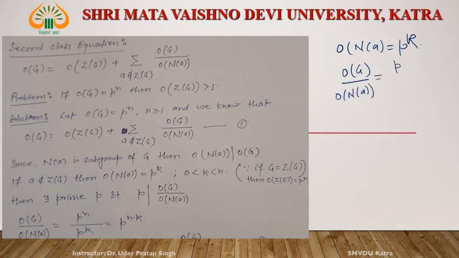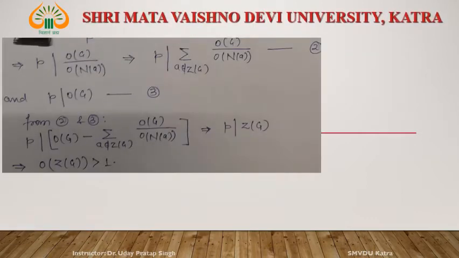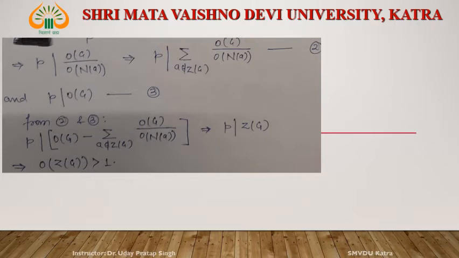This is P to the power n, this is P to the power k, and this is equal to P to the power n minus k. It means order of G by order of N(a) is P to the power n minus k. And what is k? 0 is less than k is less than n.